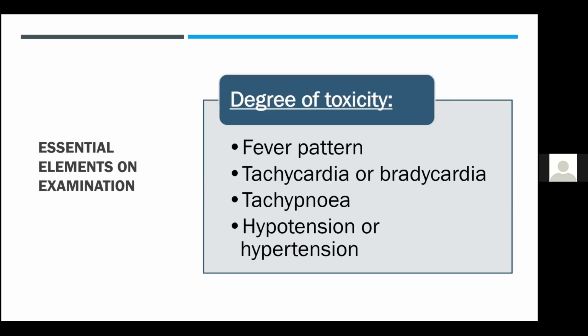So if you were to remember one thing from this talk: any child who has a rash, you need to assess for signs of toxicity. So you want to look for lethargy, irritability, altered mental status, decreased activity, poor perfusion, pallor or cyanosis. And often a child who comes in can look really toxic and ill if they've got a fever.